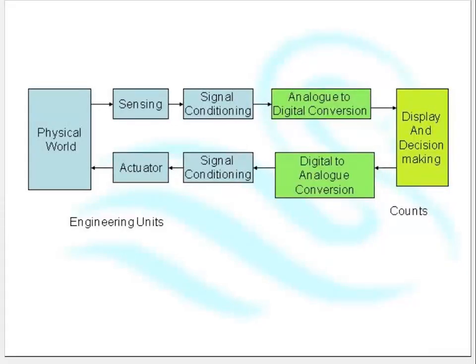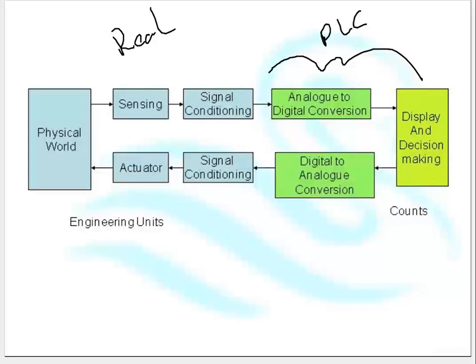When we're going from the PLC world out to the real world, this section here is the PLC world, and this is the real world. When we're coming from the real world into the PLCs and going out of the PLCs into the real world, firstly, the physical world, we sense the physical world with sensors.